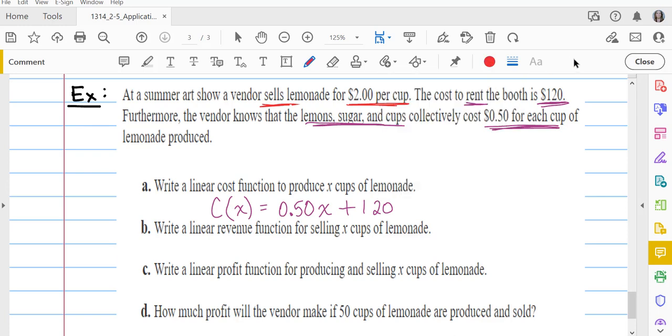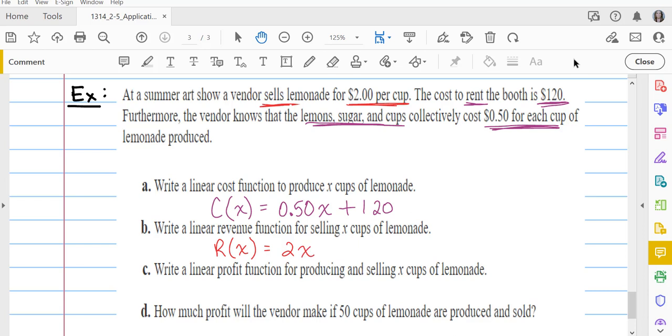Now write a linear revenue function for selling X cups of lemonade. You sell it for $2 per cup, X cups, so the revenue function is 2X.